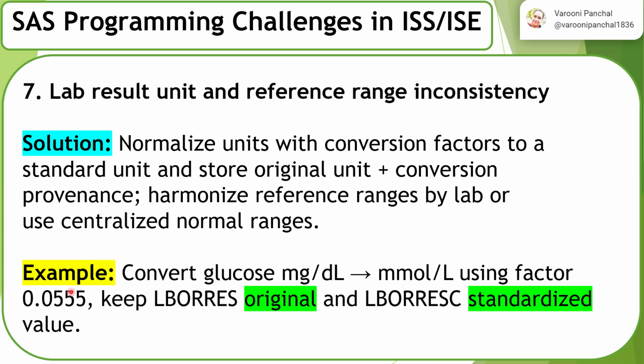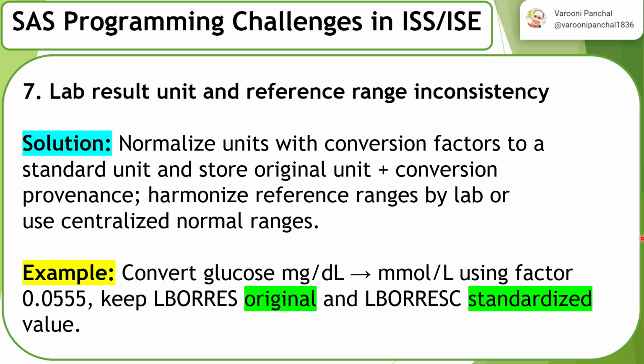For example, I have to convert glucose from mg per dL to millimole per liter using a specific factor. So what I'll do is, in the ISS and ISE study, I will keep both. I will keep the original values, and I will also keep the standardized value.